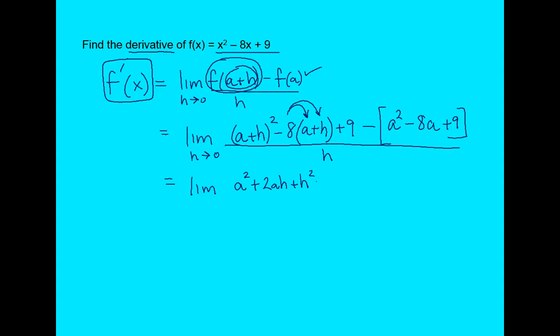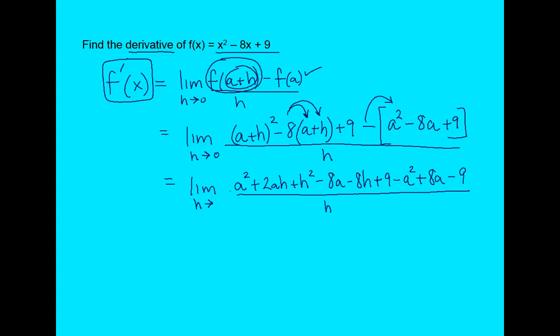So we would get negative 8a minus 8h plus 9. Now we have to distribute the negative through the brackets, so we'd have minus a squared plus 8a minus 9. All divided by h as h goes to 0.